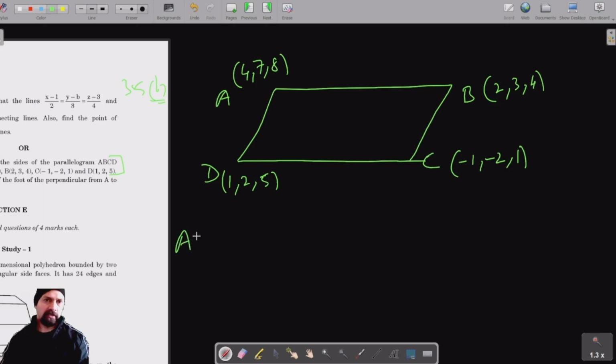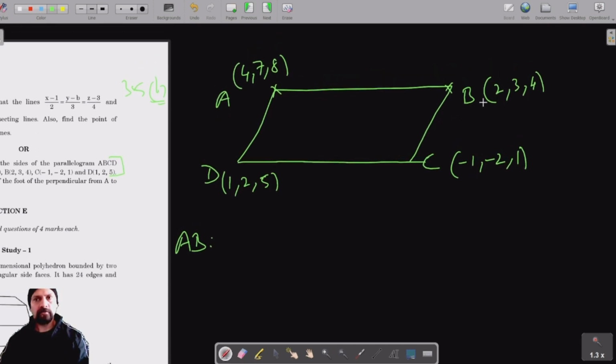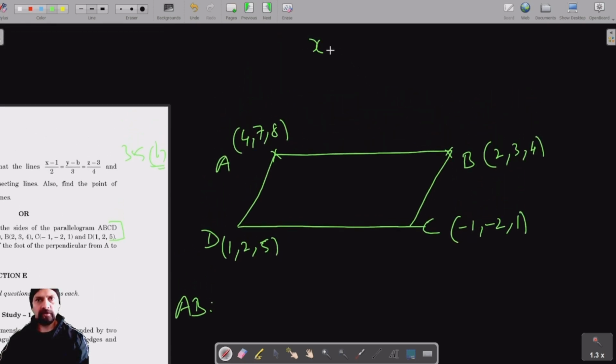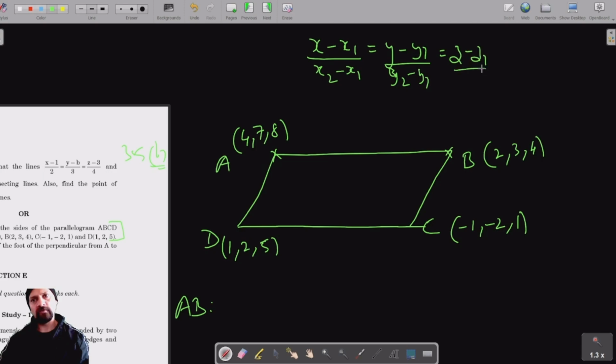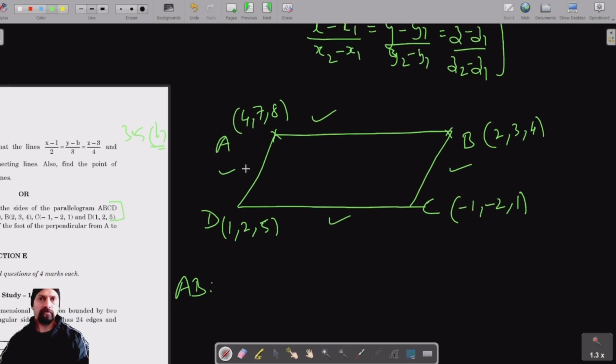So AB is a line passing through these 2 points, 4, 7, 8, and 2, 3, 4. And we know that the equation of a line passing through 2 points is given by x minus x1 by x2 minus x1 is equal to y minus y1 by y2 minus y1 is equal to z minus z1 upon z2 minus z1. So we are going to use this formula for each of these 4 sides.